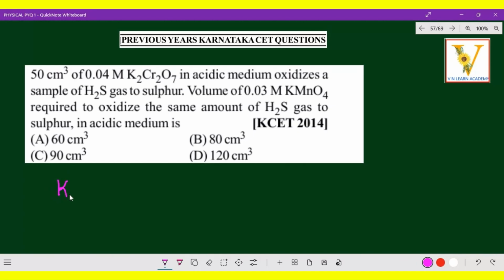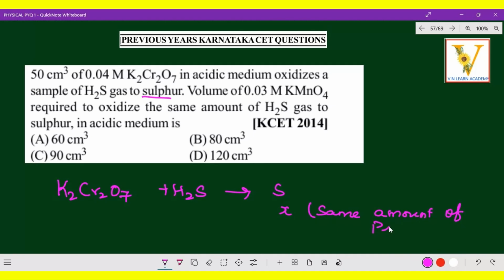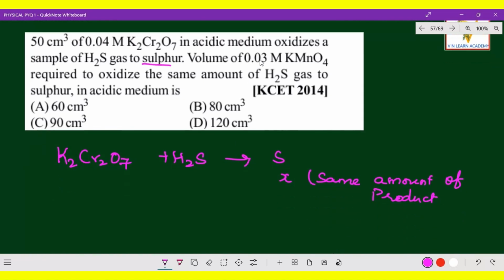So K2Cr2O7 plus H2S gives sulfur. Here they are mentioning the same amount of product, X. I just mention the data, then we can discuss the product. And in the other one, the volume of 0.03 M KMnO4 required to oxidize the same amount of H2S gas to sulfur in acidic medium.